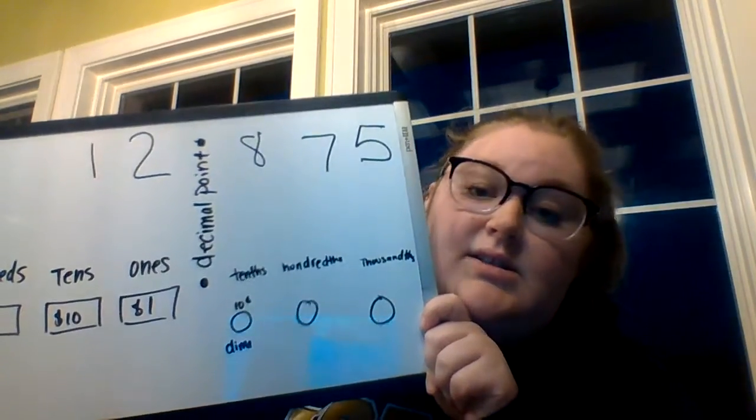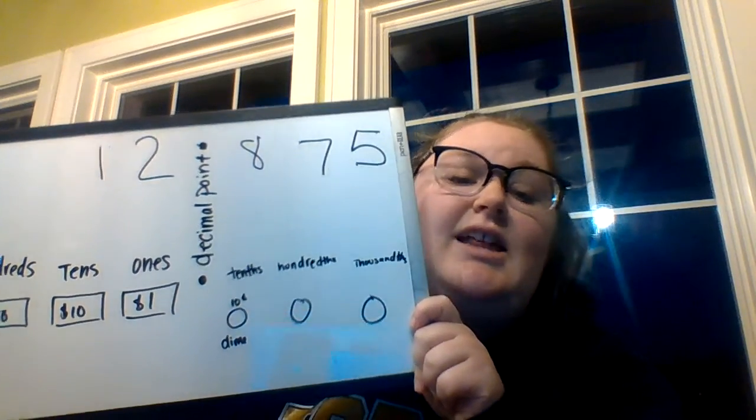So let's think about it. If I had 12.875, let's write it on our board. Okay, so 12.875. And I ask, what is the tenths place?